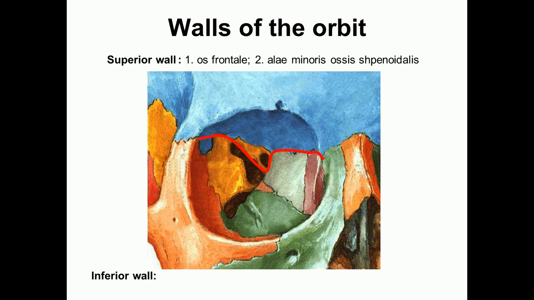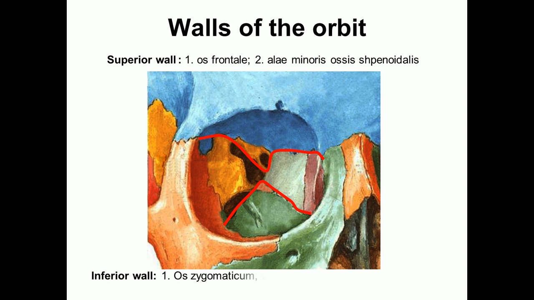Then inferior wall. This one. I use this red line to make a border between inferior wall, medial and lateral.